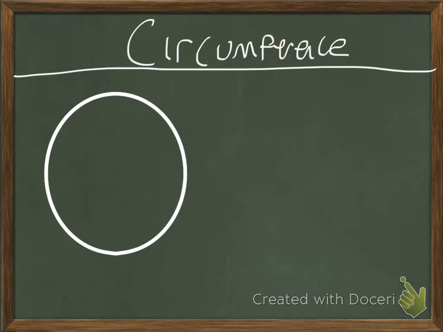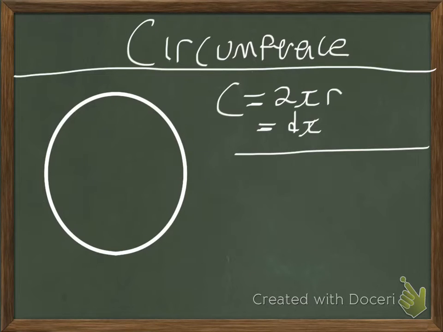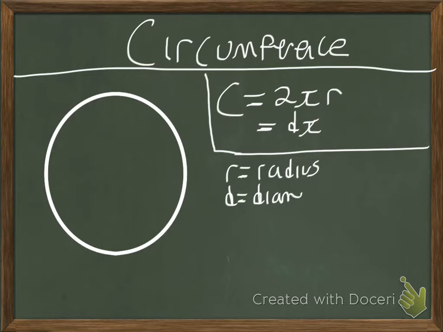All right, and then the last thing we're going to talk about here is circumference. The circumference of a circle, many of you have learned at least one, if not both of these formulas, 2 pi r and d times pi. Of course, r being the radius and d being diameter.